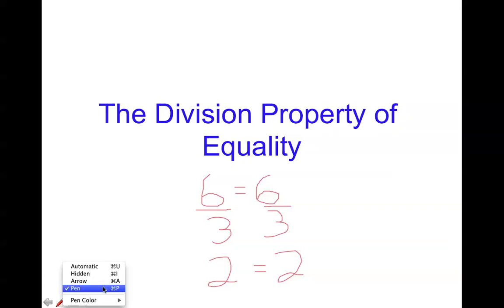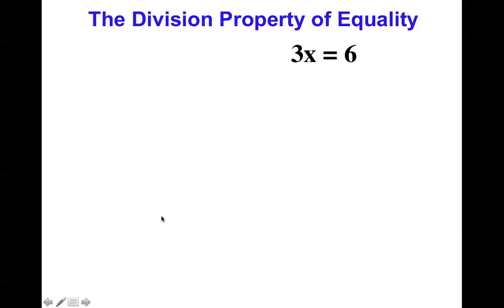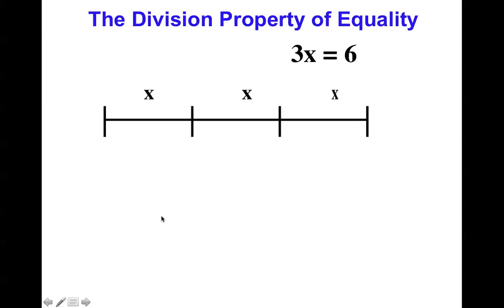Let's see how we can use this. To solve this very basic problem, 3x equals 6, I'm hoping everyone knows the answer is 2, because 3 times 2 is 6. But let's find out how we can solve that algebraically using the division property of equality. If we look at this equation, the picture is that I've got 1x, 2x's, and 3x's.